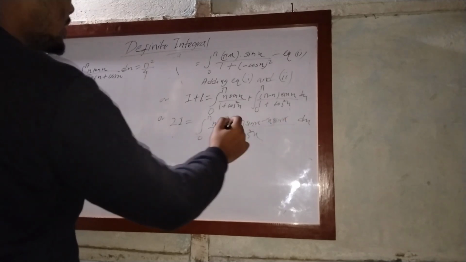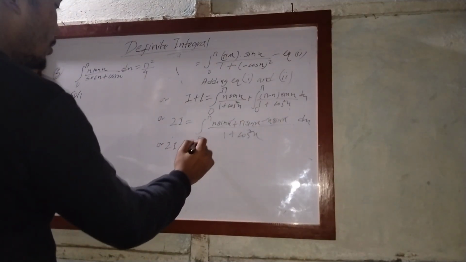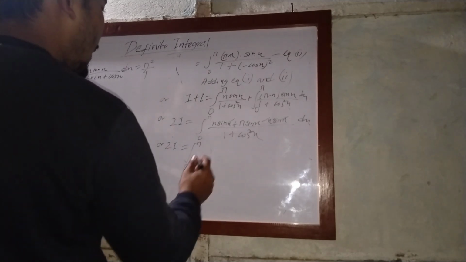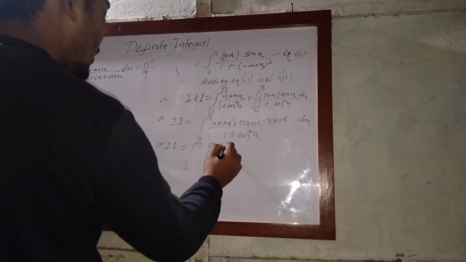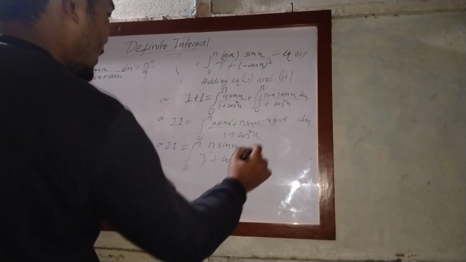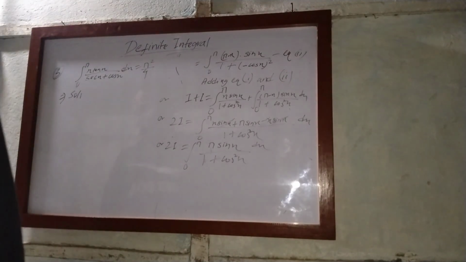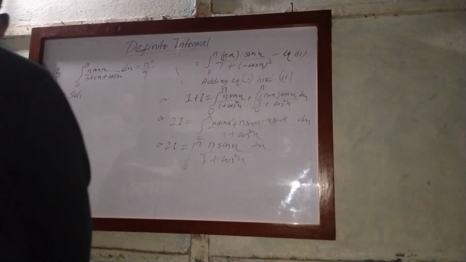Okay, this x sin x cancels, so 2I is equal to the integral from 0 to pi of pi sin x by 1 plus cos square x dx. Now what can we do? I think we can put the value.